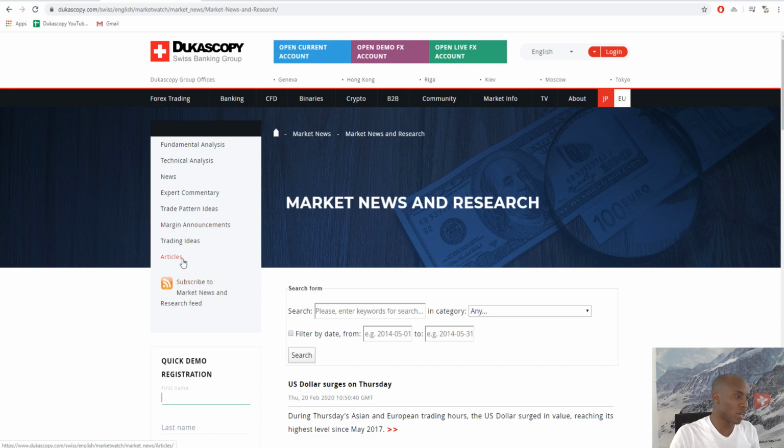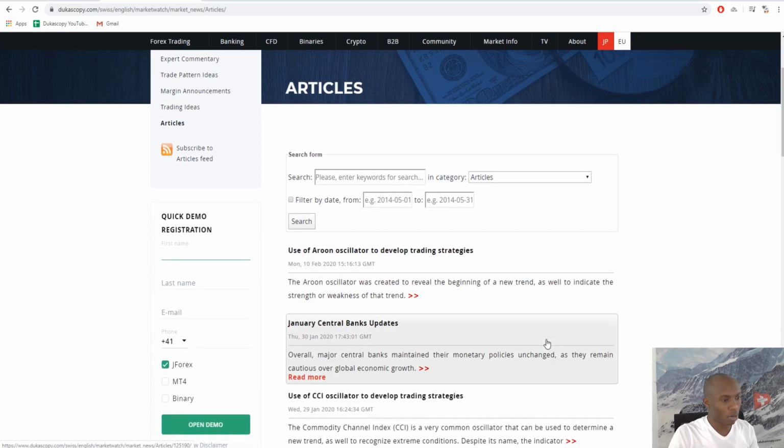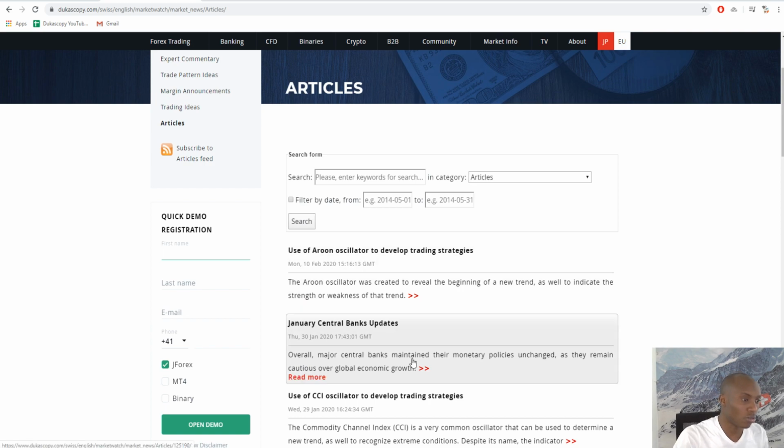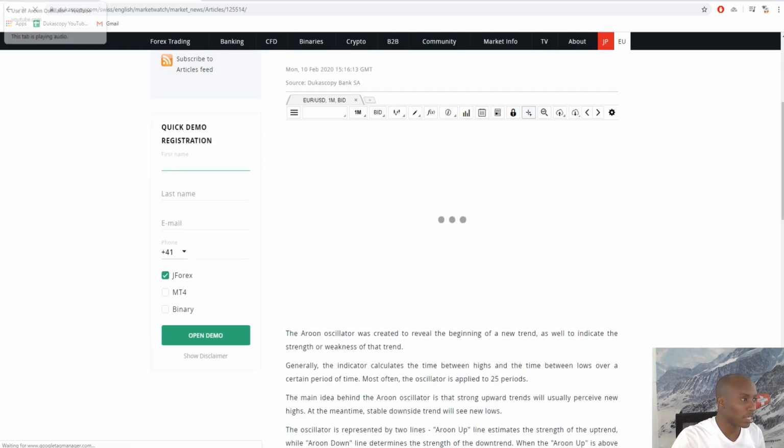Then you scroll downward and you can see we have daily technical analysis, trade patterns, that's weekly, different currency pairs, mostly exotic, and we have trading ideas, and you see the articles. We have a lot, and they are up to date. The last one was posted on the 10th of February. So I'm doing this on the 19th of February, which is the use of the Aroon oscillator. When you click on it, the article will open for you.